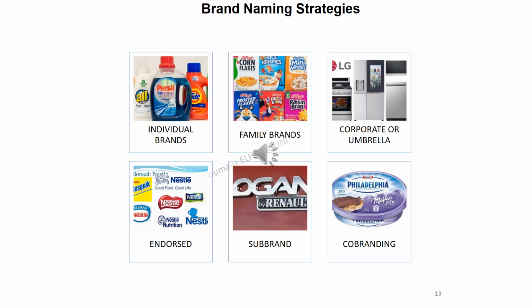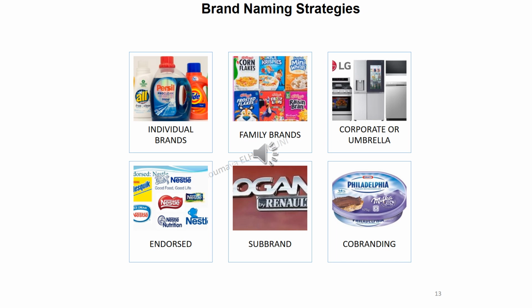Then you have the sub-brand. The sub-brand is a little bit different from the family brand. A good example would be Dacia by Renault, excuse me. A sub-brand here is when a parent brand is used to support a specific product line. It is much more a product line.